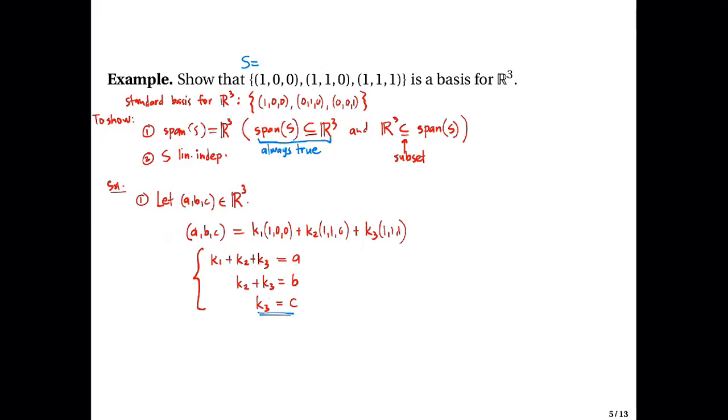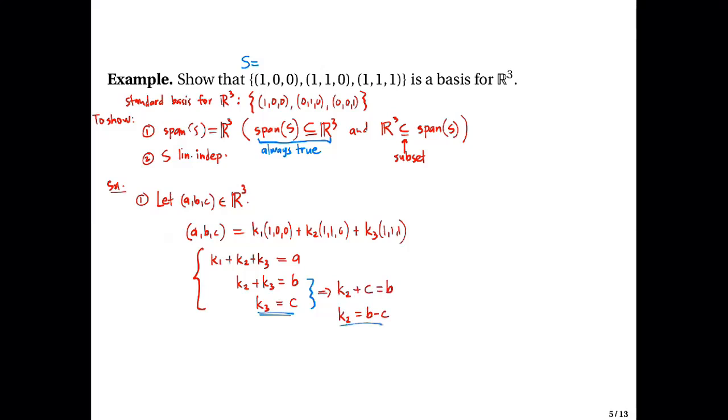These two equations imply that k2 plus k3 equals b, but k3 is equal to c. So k3, which is equal to c, plus k2 must be equal to b. And therefore, your k2 equals b minus c.